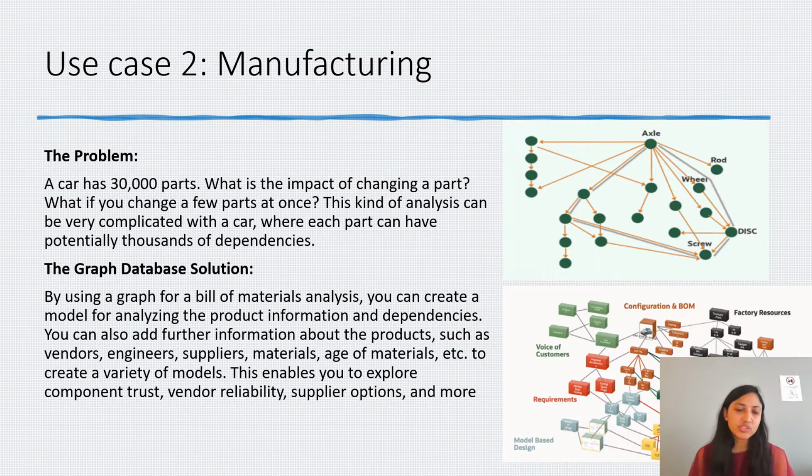Now the solution is that by using a graph for a bill of material analysis, you can create a model for analyzing the product information and dependencies. You can also add further information about the products, such as vendors, engineers, suppliers, materials, age of materials, etc., to create a variety of models.